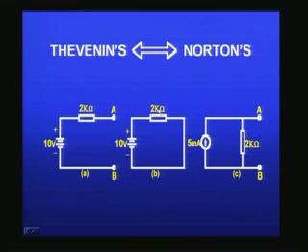So 5 milliamperes is the Norton's current, and 2K is the Thevenin's resistance. That is what I have shown here. So the Norton's and Thevenin's can be easily converted from one to the other, and therefore both the theorems are very useful in solving different problems in networks.